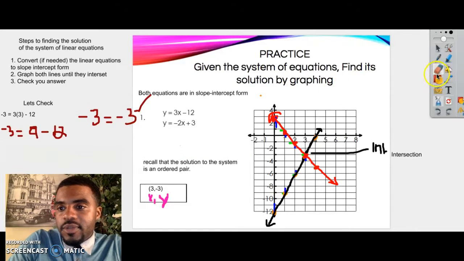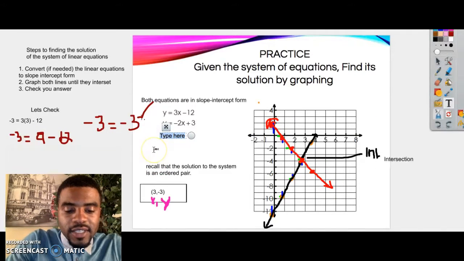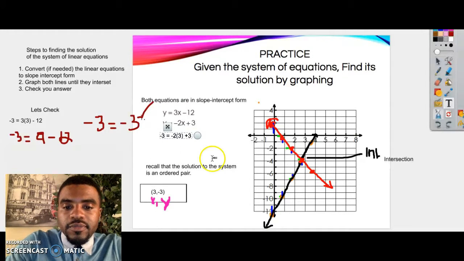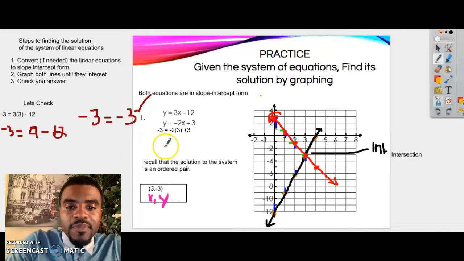So that says negative 3 equals negative 2 times 3 plus 3. Let's see if this holds true. And it does.